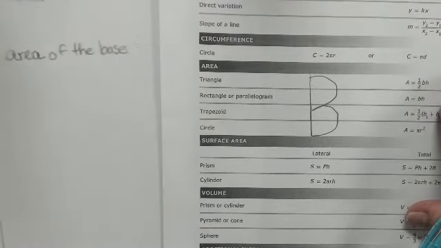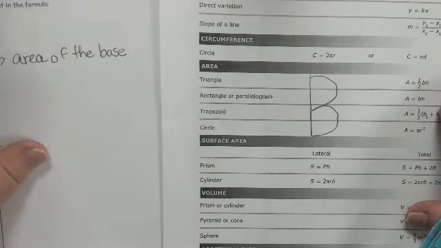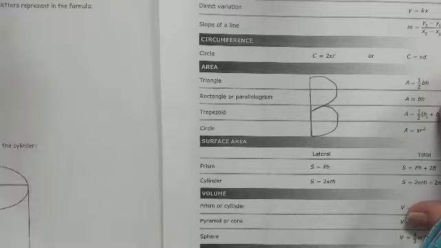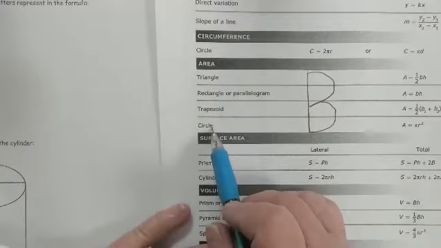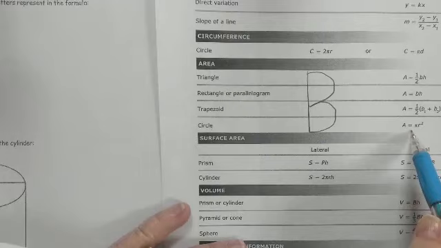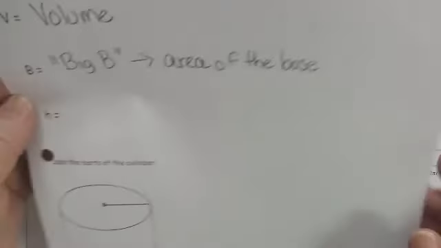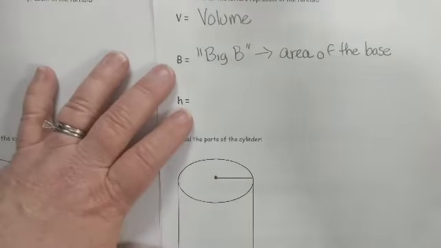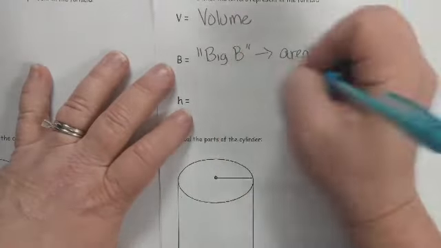So, we need the area of the base, and on a cylinder, your base is a circle. So, with that being said, we need to go to the area of a circle, and the area of a circle is found by doing pi times r squared. So, on our piece of paper here, we are going to write big B, the area of the base.